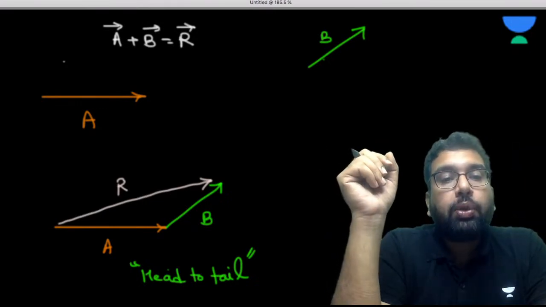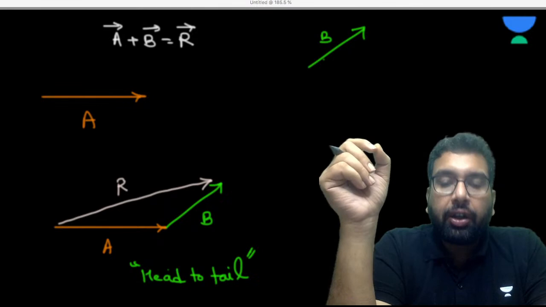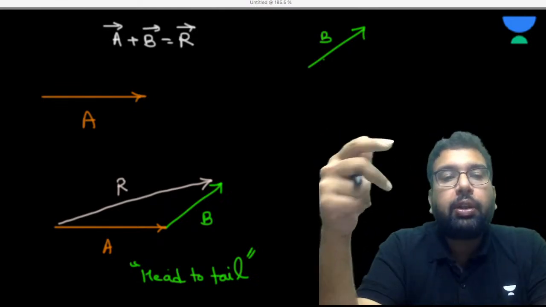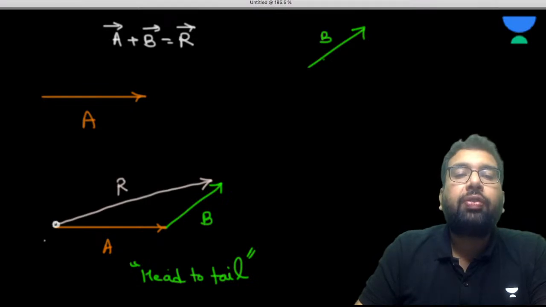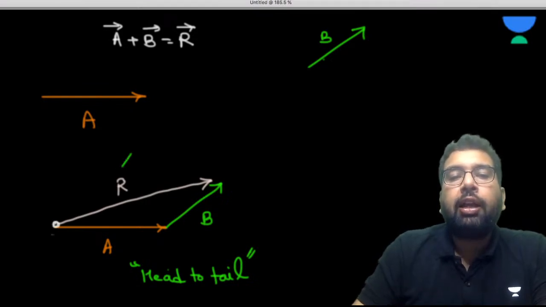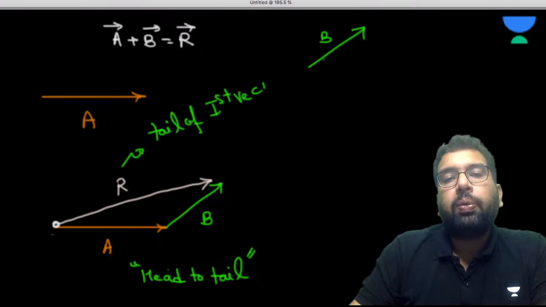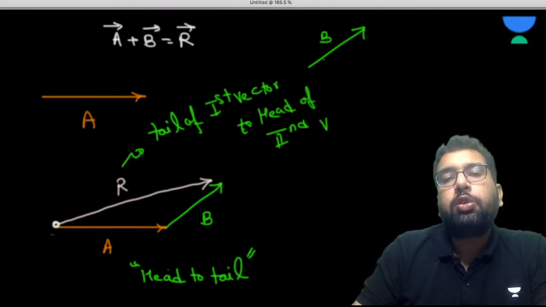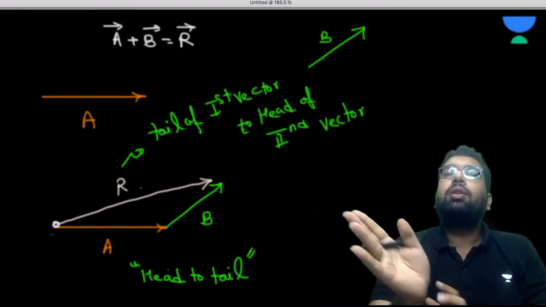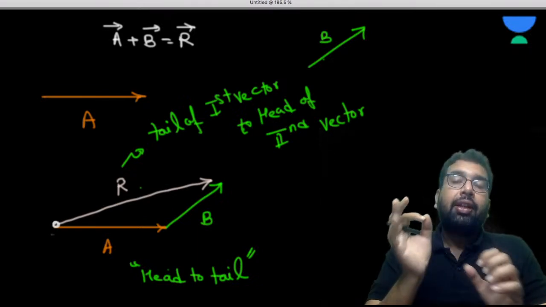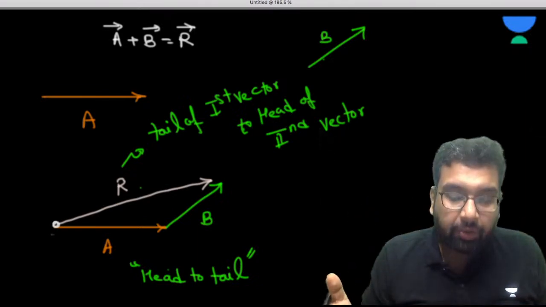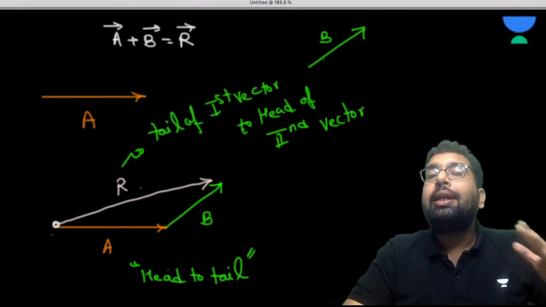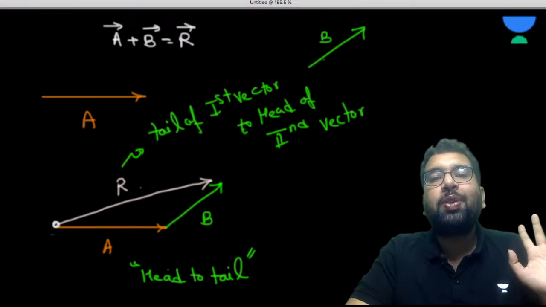So when using the triangle law, the third side of the triangle is taken in opposite order, connecting the tail of the first vector to the head of the second vector. So if two sides of the triangle give the magnitude and direction of two vectors taken in the same order, then the third side taken in the opposite order gives you the resultant. Are you getting my point?